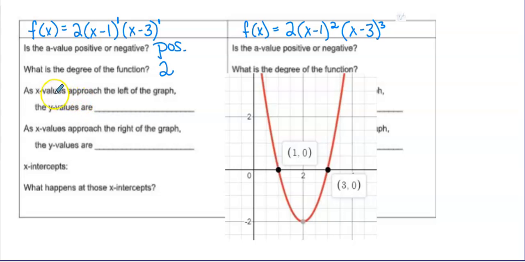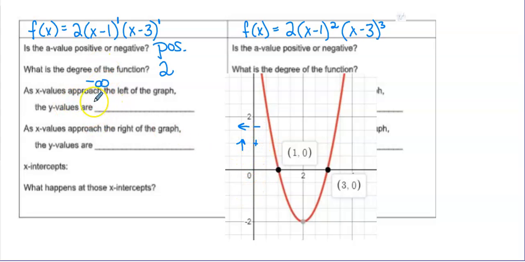So as x values approach the left of the graph, so this right here is the end behavior that they're asking us about. As x values approach the left of the graph, so this is the left side. Now what that means is as x approaches negative infinity, what does y do? So this is going to the left and then also up. So as x is approaching negative infinity, y is approaching positive infinity.